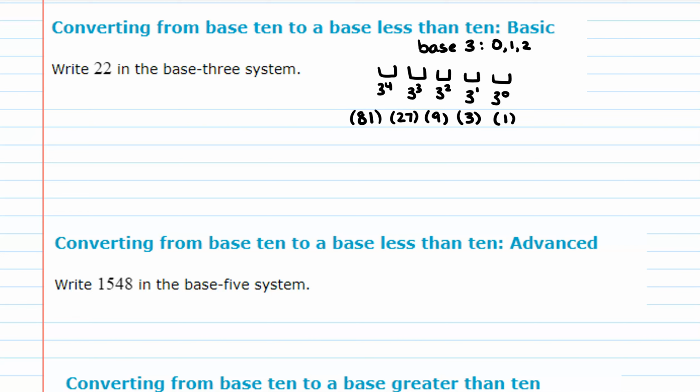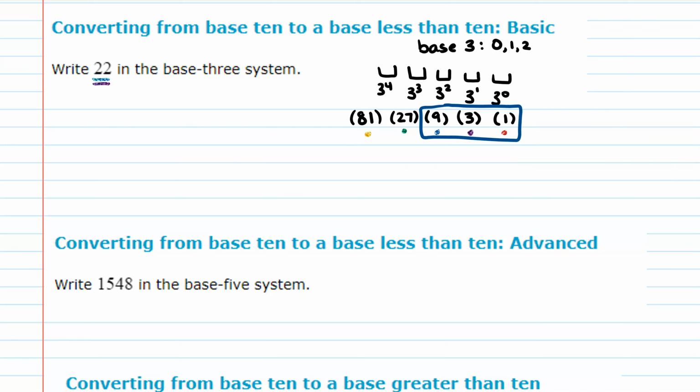But we're not, because we're looking at the number 22. So remember, let's look at these here: 1, 3, 9, 27, 81. We want the largest number which is less than 22. So we're going to start here at 9, right?